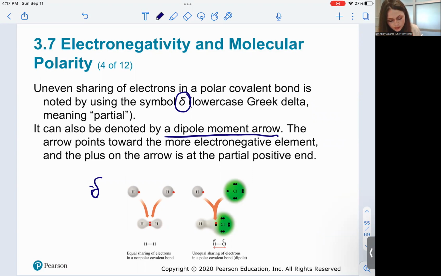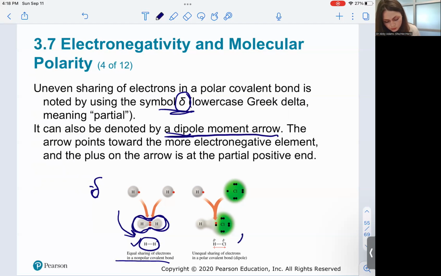So if you look right here, you have hydrogen bound to hydrogen. They're happy. They're both sharing and they both have two valence outer electrons. That's equal sharing, like penguins. That's nonpolar. So you don't indicate any charges here, you don't use this letter and you don't use the dipole arrow.